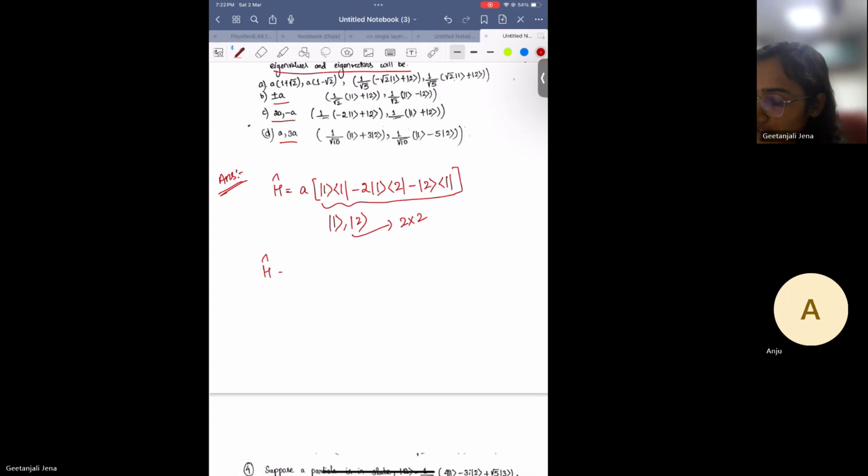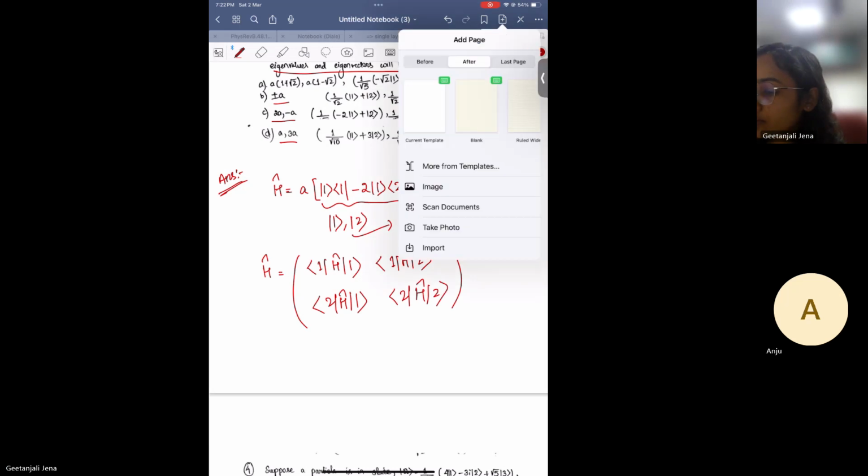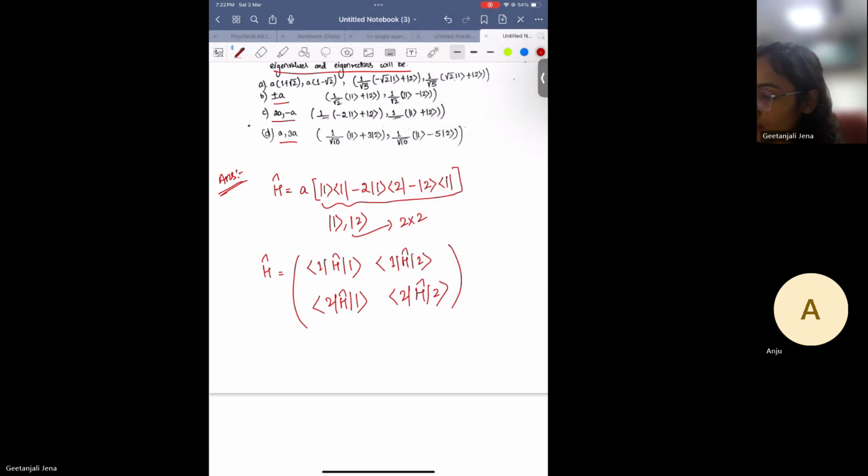So the H matrix is <1|H|1>, <1|H|2>, then <2|H|1>, and <2|H|2>. Right?